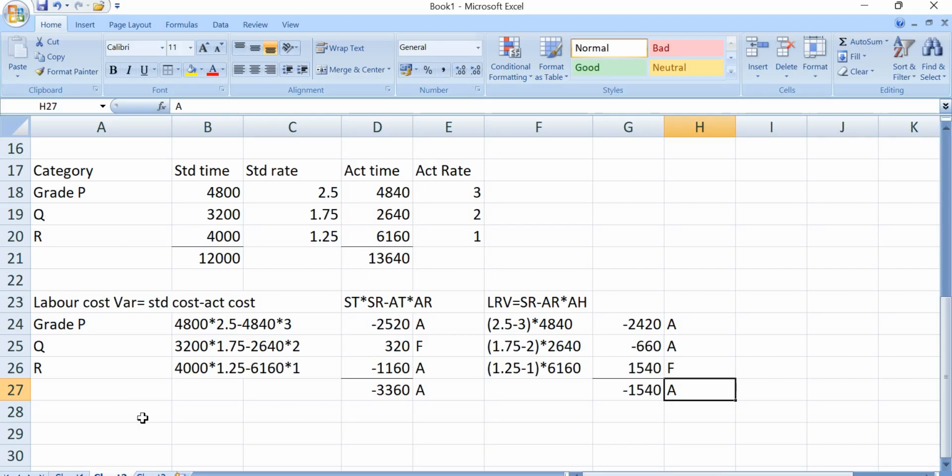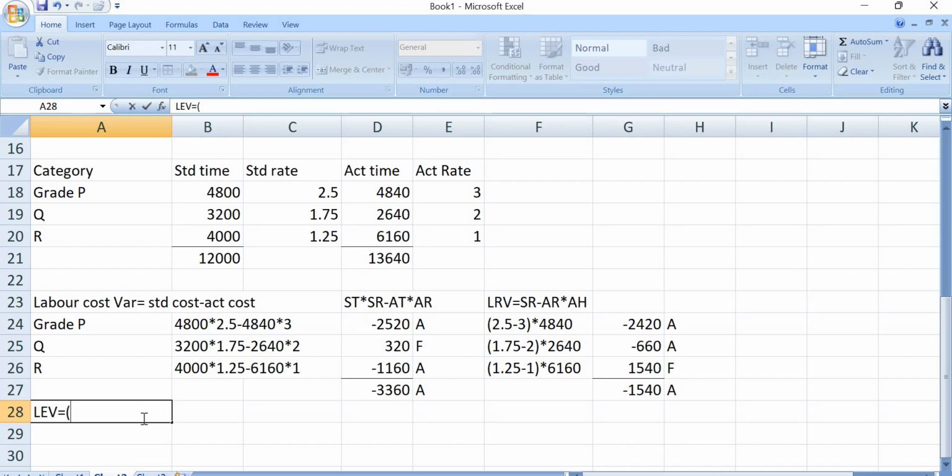So now let's calculate labor efficiency variance. Efficiency is nothing but your hours; based on hours only, we will be calculating how efficient the labors are performing. So here the formula should be the difference between the actual hours and standard hours.